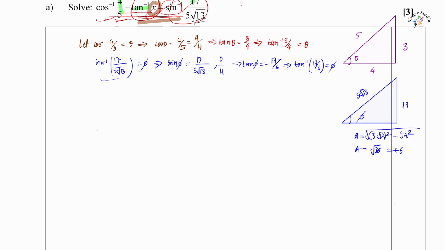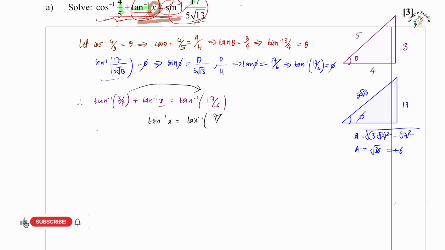Therefore we can rewrite this equation as tangent inverse of 3 by 4 plus tangent inverse of x equals tangent inverse of 17 by 6, and we are told to find x. So we move this across and say tangent inverse of x equals tangent inverse of 17 by 6 minus tangent inverse of 3 by 4.